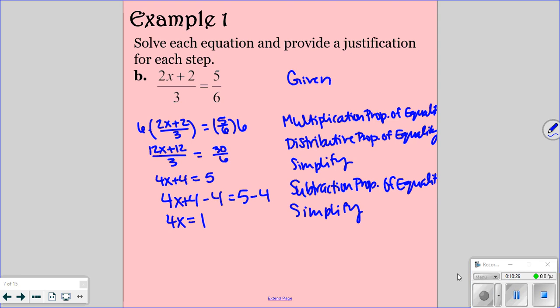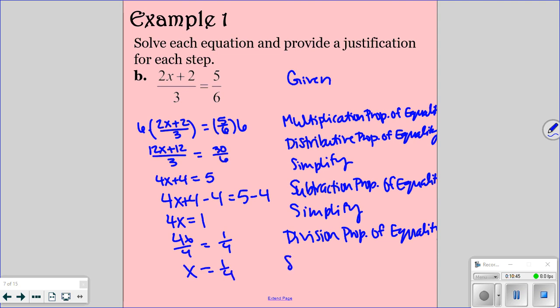And then from here, you're going to divide both sides by 4. So that's the division property of equality. And then after that, you're just going to simplify. So x is going to equal 1/4. So these aren't terribly difficult algebra problems.